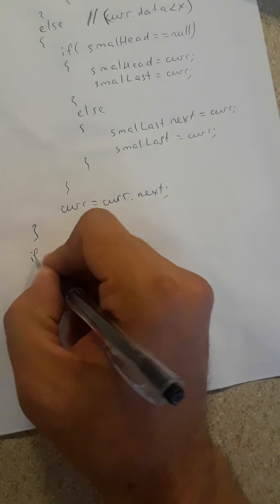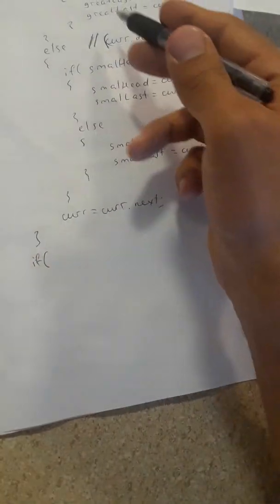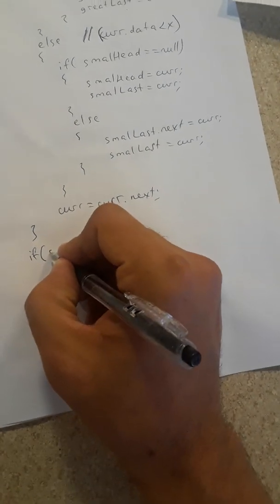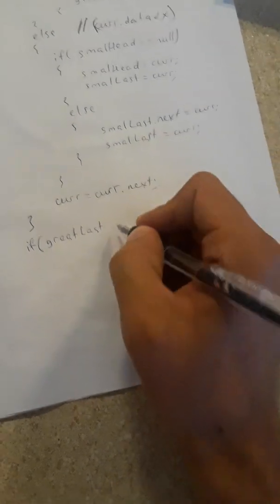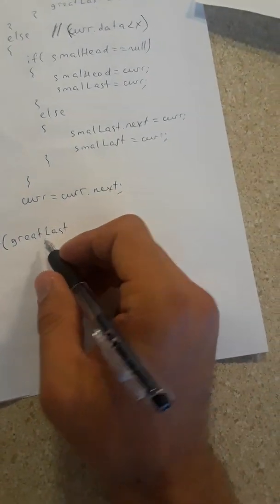Now we need to connect all these linked lists, and so here we start to connect them. First of all, since we already built all these 3 separate linked lists, at the end we just need to change the pointer of our last third, the great tail's pointer, to null.